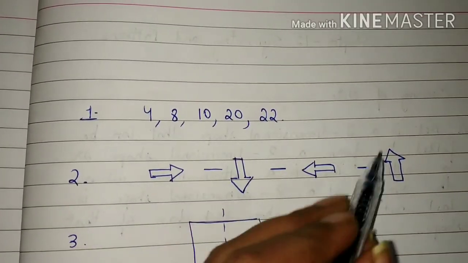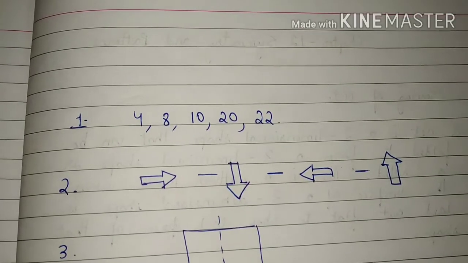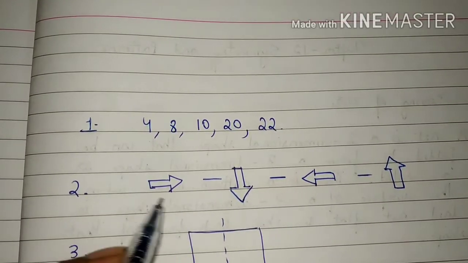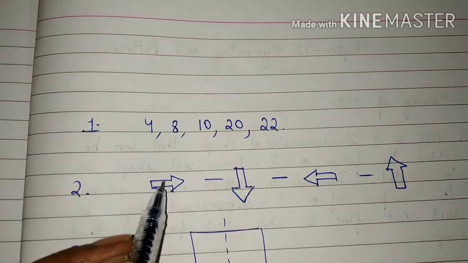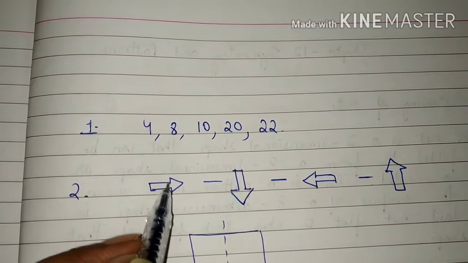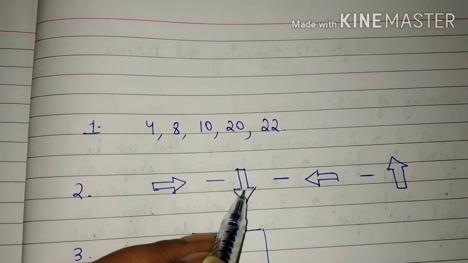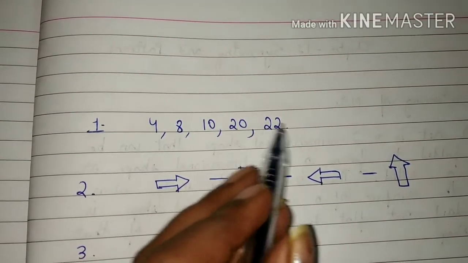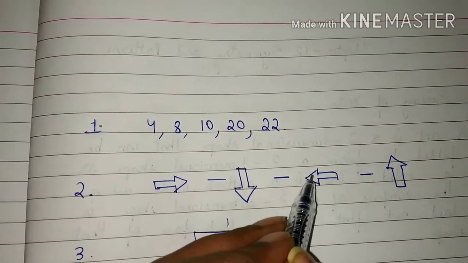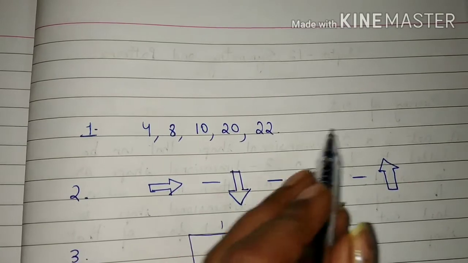Now students, look here. Students, this is an arrow. Now students, if you turn this arrow only one time, then it looks like this. And if you turn this arrow only one time, then it looks like this. And again, if you turn this arrow only one time, then it looks like this.